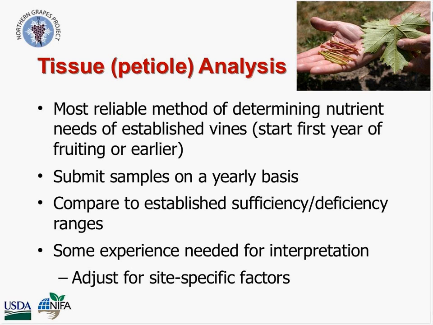As Carl said, he's covered the soil portion, and I'm going to be covering the petiole analysis. Petiole analysis is really the most reliable method for determining the nutrient needs of an established vineyard, because the vine is telling you what's available to it, so you have a pretty good idea. Also, Carl mentioned symptomology. Petiole analysis allows us to determine a need before we see symptoms, so it's really helpful that way.